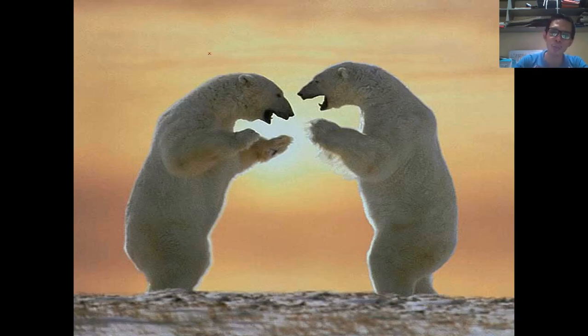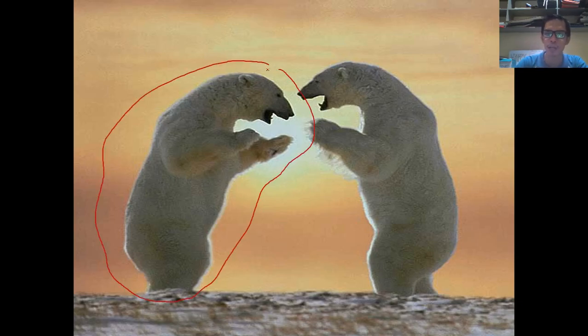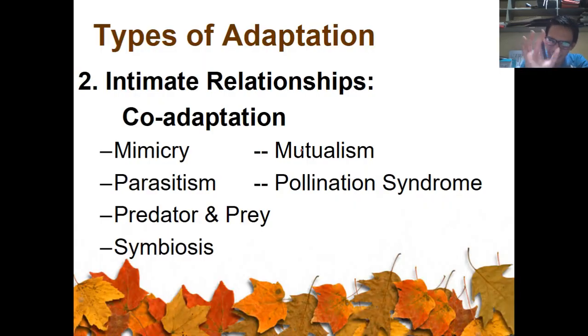The reason why they have white fur is that white fur is advantageous in this icy or snowy environment. So that's the reason why they are likely to survive in the long run in that particular environment. So that is habitat changes.